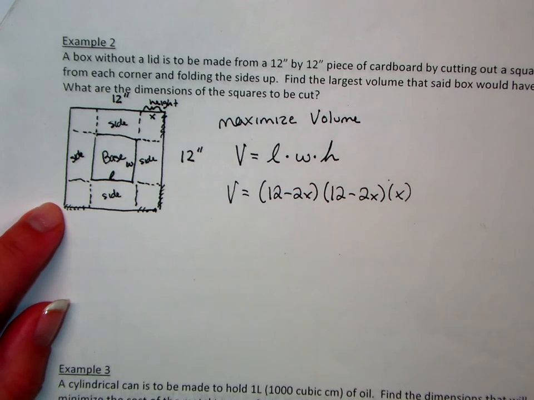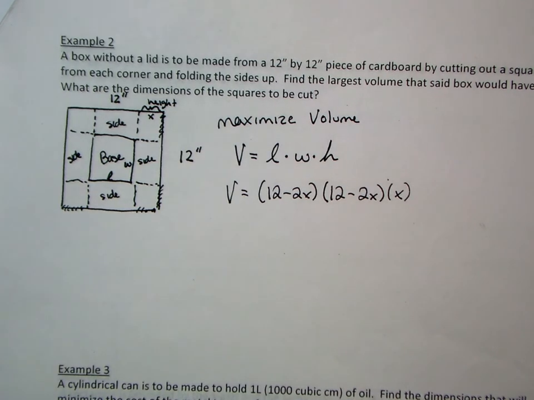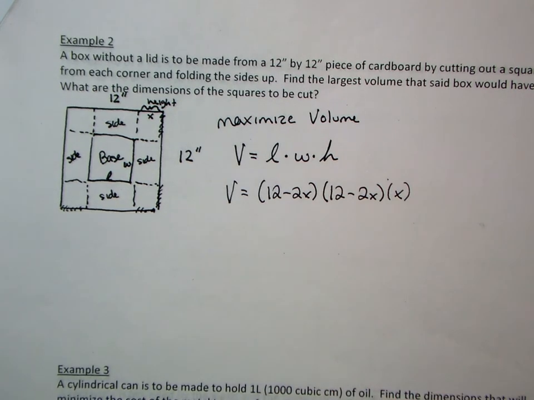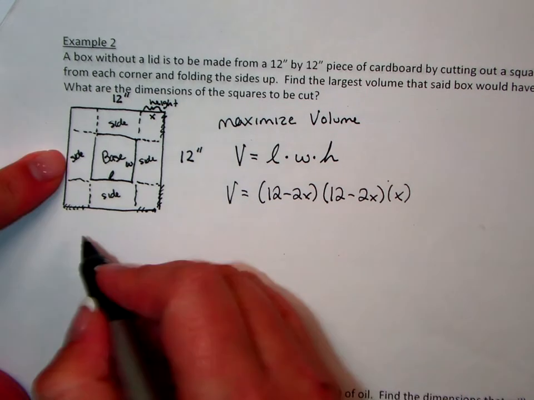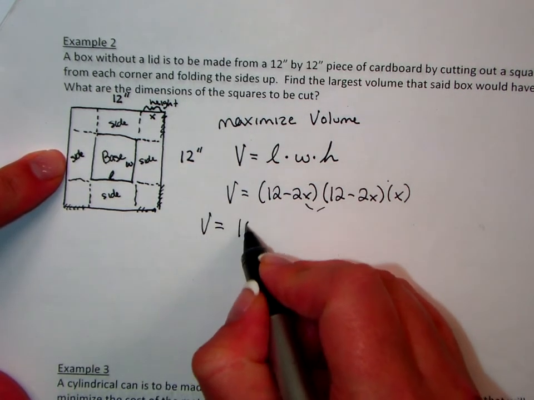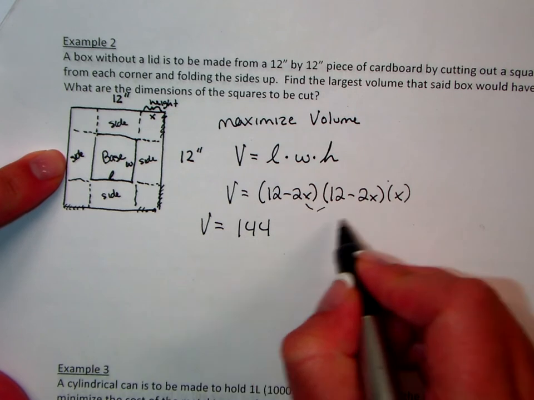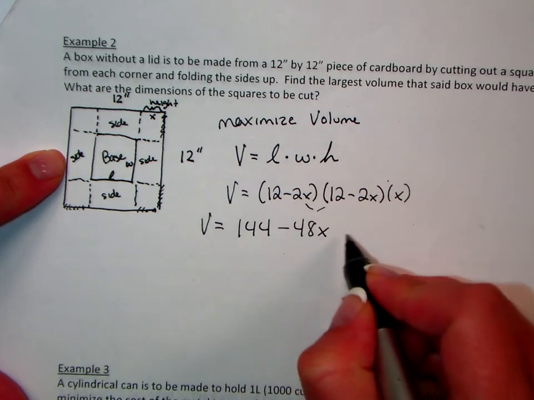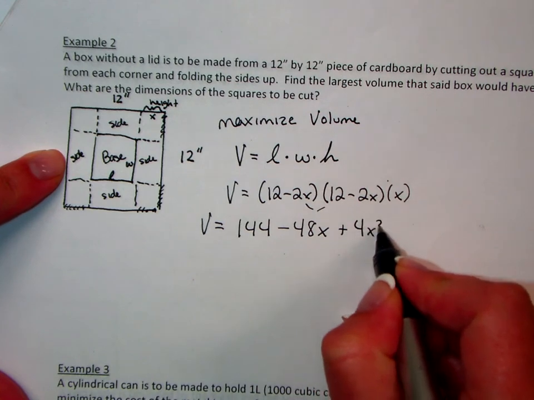All right, so here's our volume equation with just one variable. We do need to multiply this out so that we can differentiate it, or we could just use the derivative rule with 3 functions. Either way, I'm going to multiply this out. So let's get V equals, multiply these 2 together: 144, minus 24x and 24x is minus 48x, plus 4x squared.